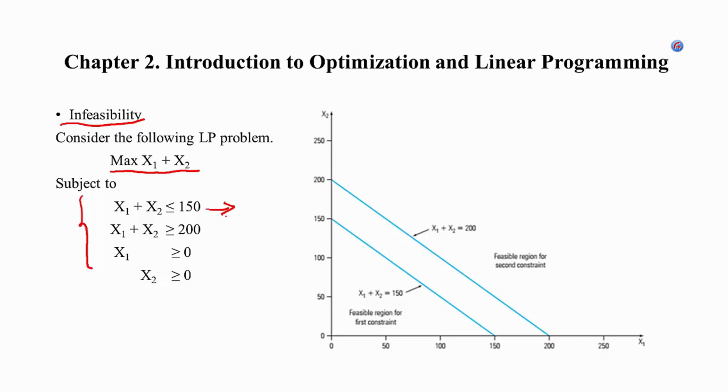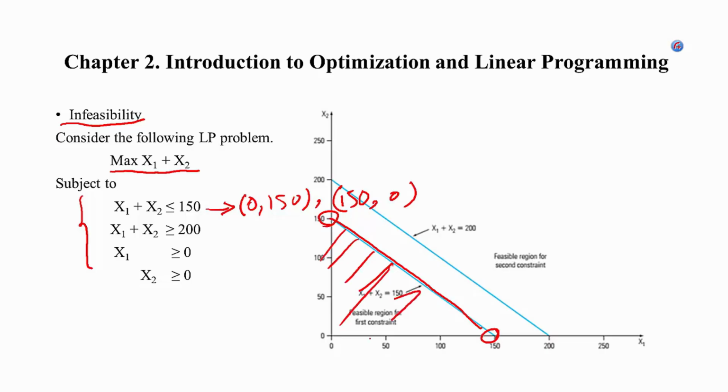If you put 0 for x1 you get 150, and you put 0 for x2 and get 150. If we connect these two points, we get this line. Then if we put 0, 0, we can see that it satisfies this constraint, so the area for this constraint is this area.